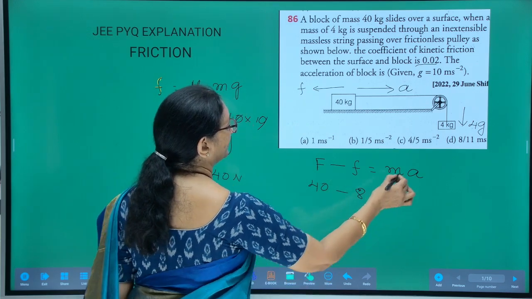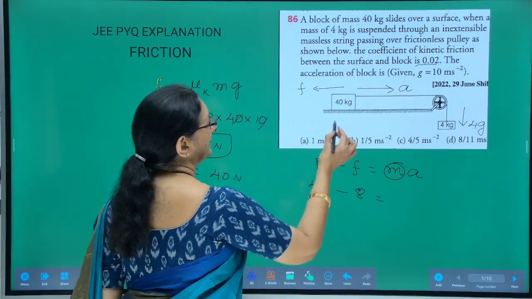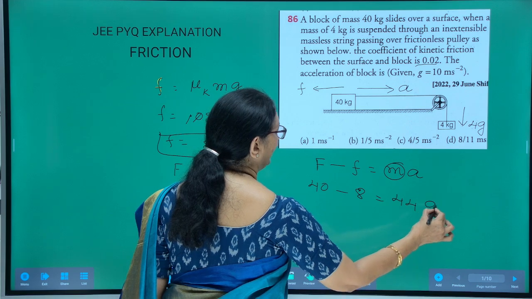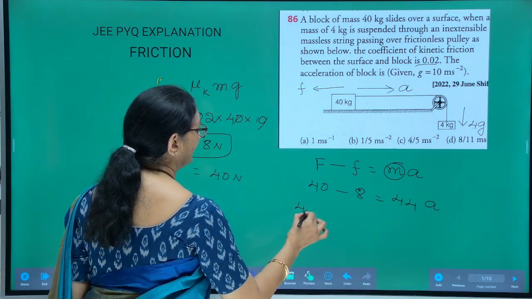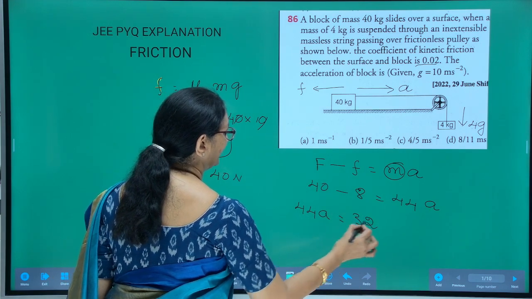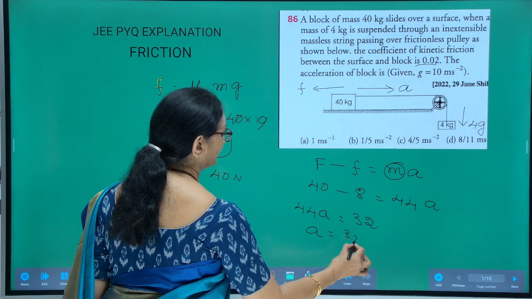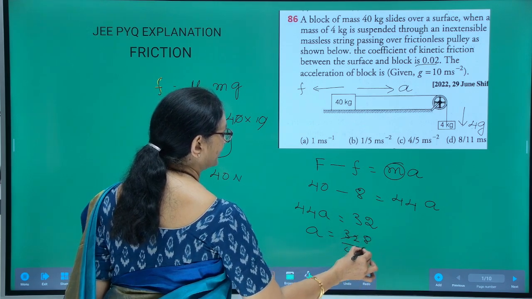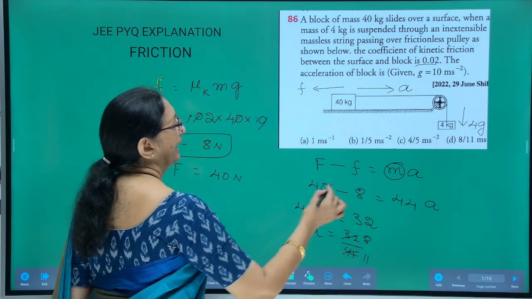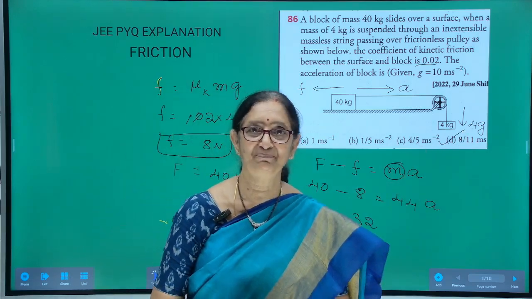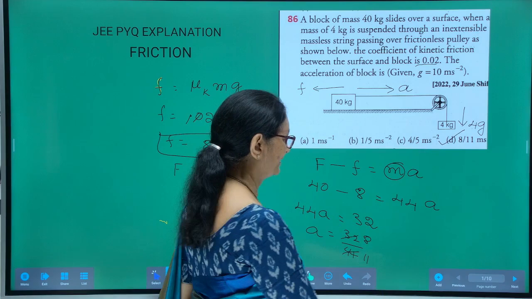This is equal to the total mass of the system, 40 plus 4, 44 into A. So, 44A is equal to 40 minus 8, 32. A is equal to 32 by 44. So, 4 8 times, 4 11 times. Acceleration is 8 by 11 meter per second square, right?